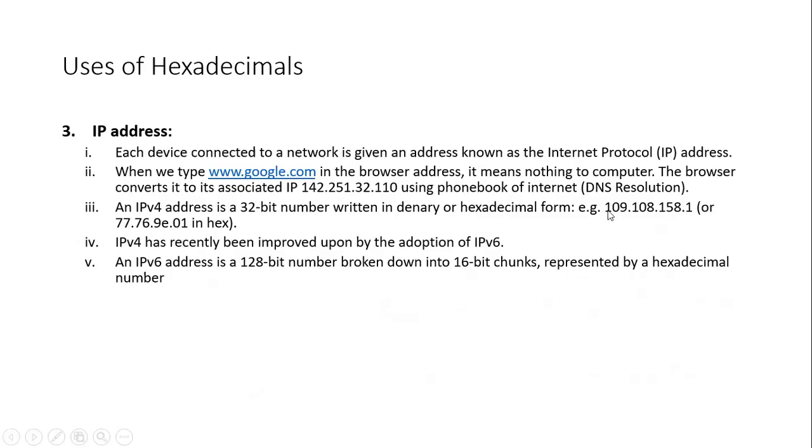So a denary format is this, and its equivalent hexadecimal format is this. For our course purposes, we must remember two pieces of information: first, what is an IP address? And the second is what is IPv4? It is 32-bit, and IPv6 is 128-bit.